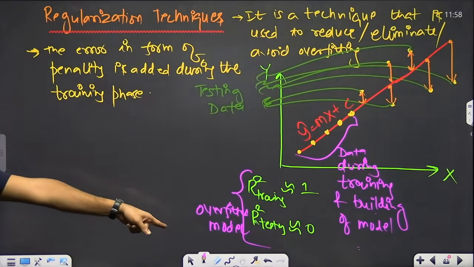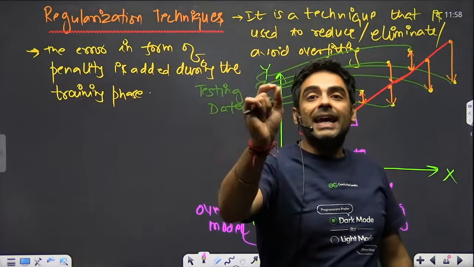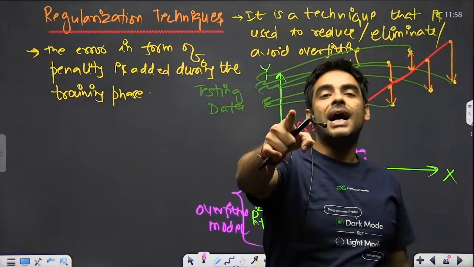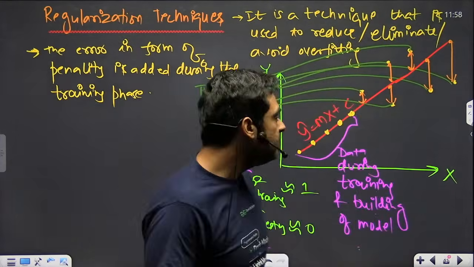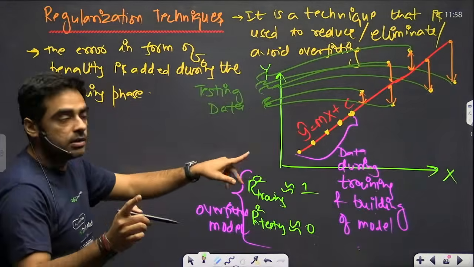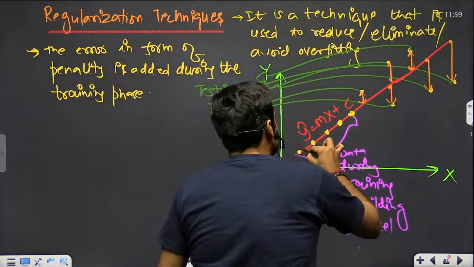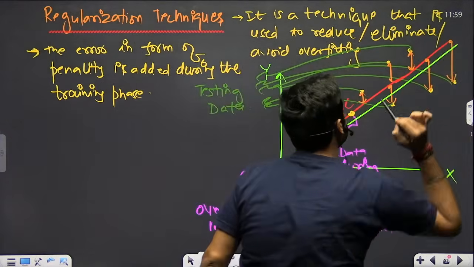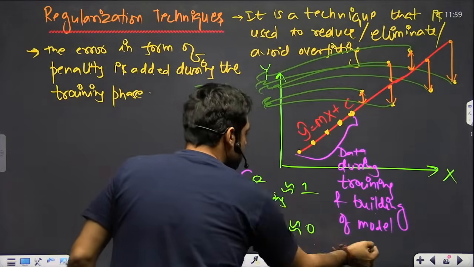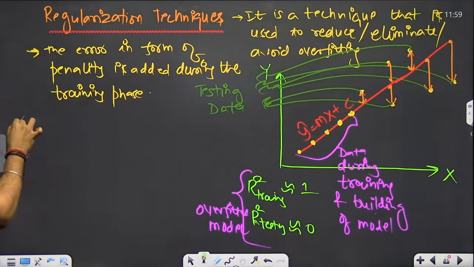Now what I would do is I would try to add certain error during the training phase. If I fit the model in this way, where I add certain error during the training phase, let me draw one more example.